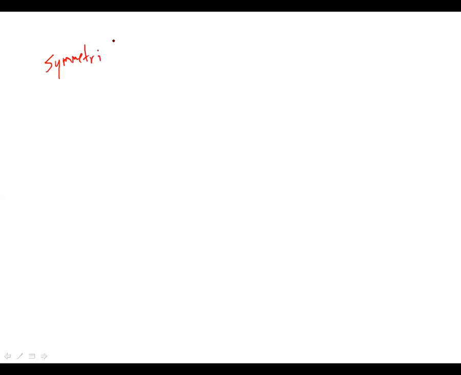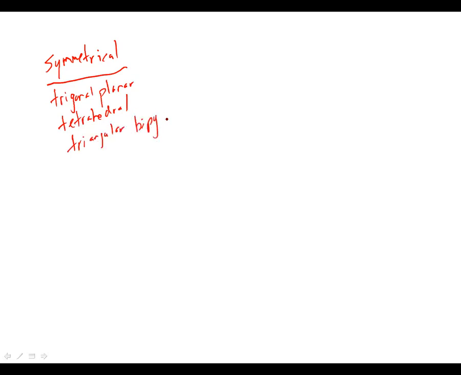And symmetrical geometries are your trigonal planar, your tetrahedral, your trigonal bipyramidal, your octahedral. And again, here we're talking about molecular geometries.